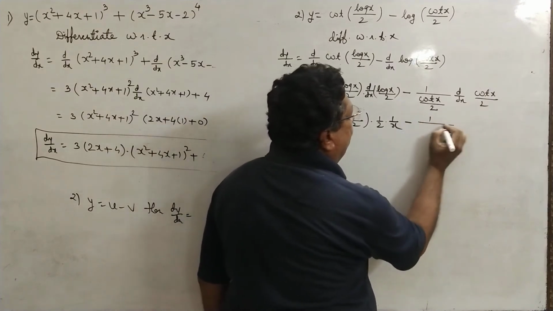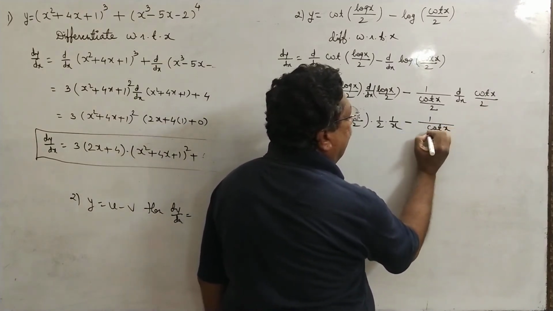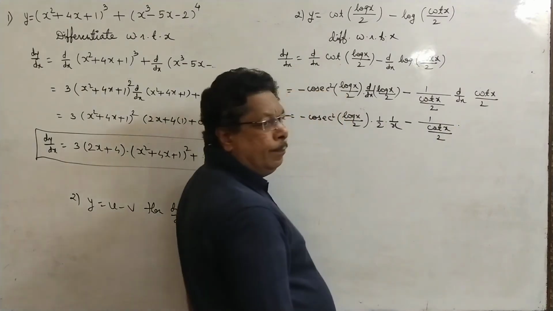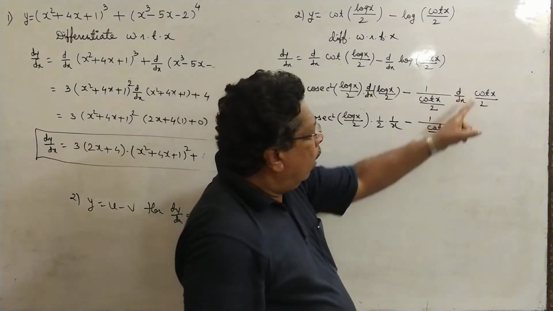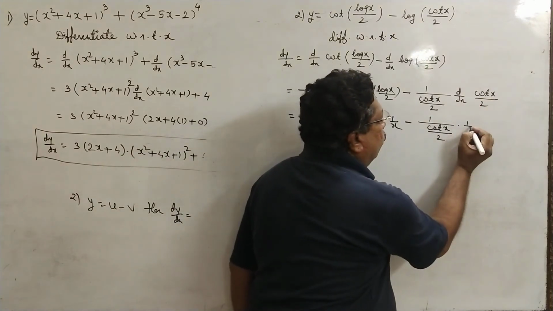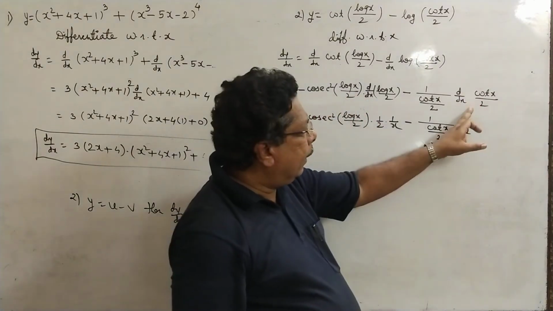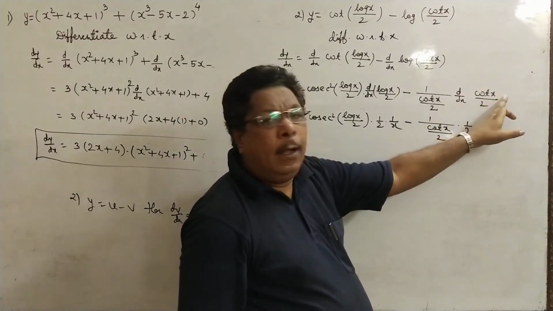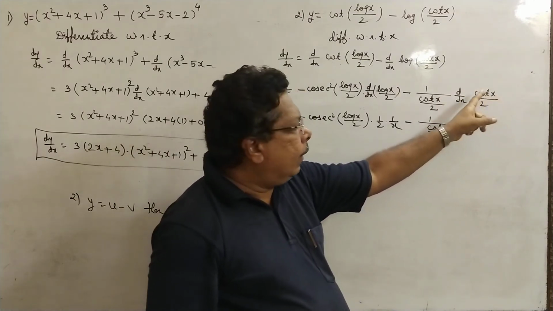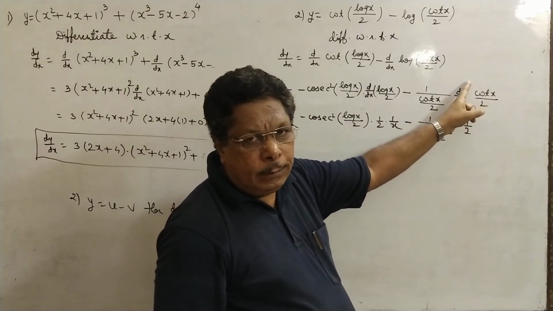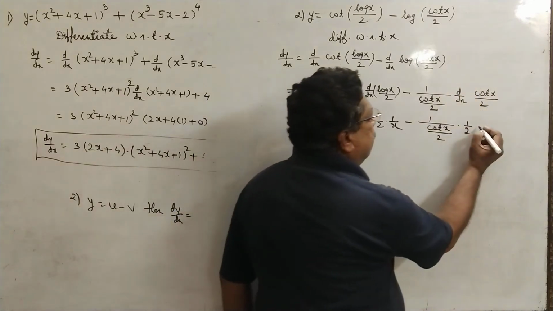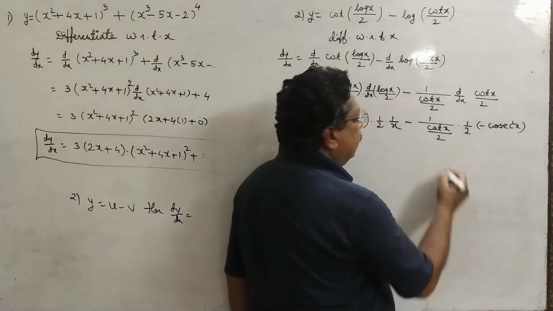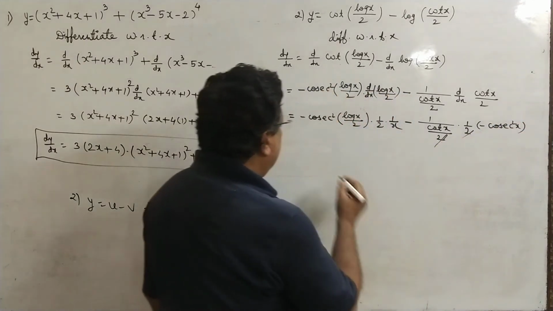Minus 1 upon cot x upon 2 into this 1 upon 2 outside, which is a multiple of the function cot x. So 1 upon 2 outside. The derivative of cot x is the standard function, minus cosec square x. So this 2 gets cancelled.